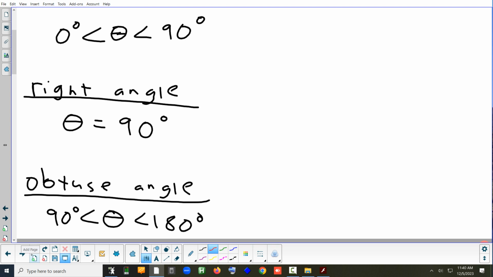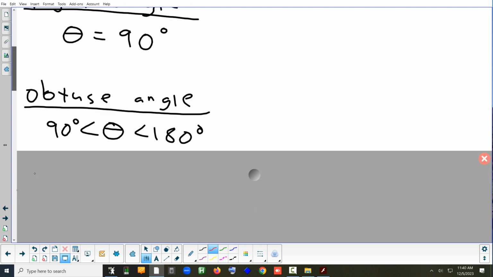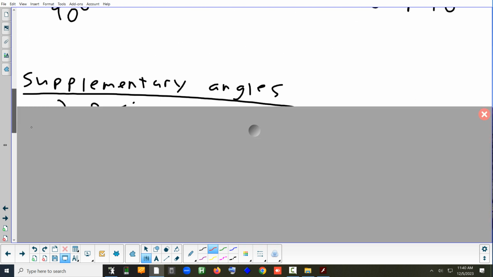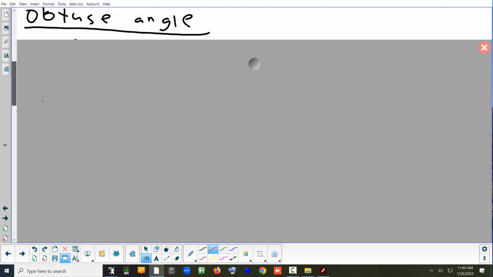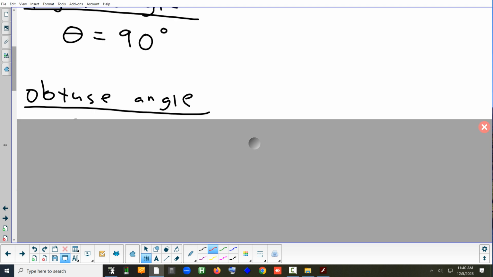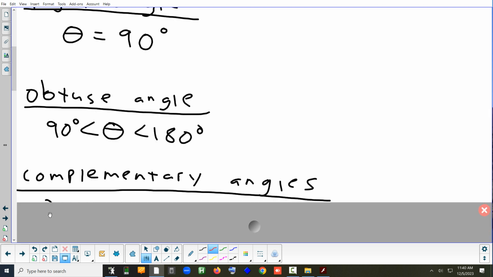Now we're going to look at a term that applies to a pair, and that's complementary. So what does it mean if two angles are complementary? Both of them add up to 90 degrees, and they have to be positive.